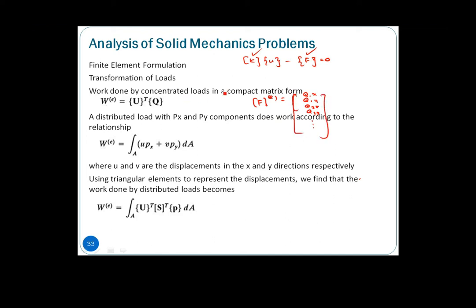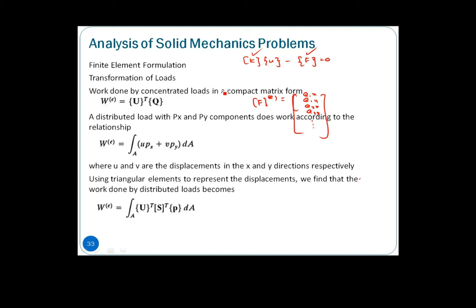If you have concentrated loads, they apply at the nodes. If you are using a linear triangular element, then you have 3 nodes, so Q1X, Q1Y, Q2X, Q2Y, Q3X, Q3Y, applying the nodal force at the node itself.